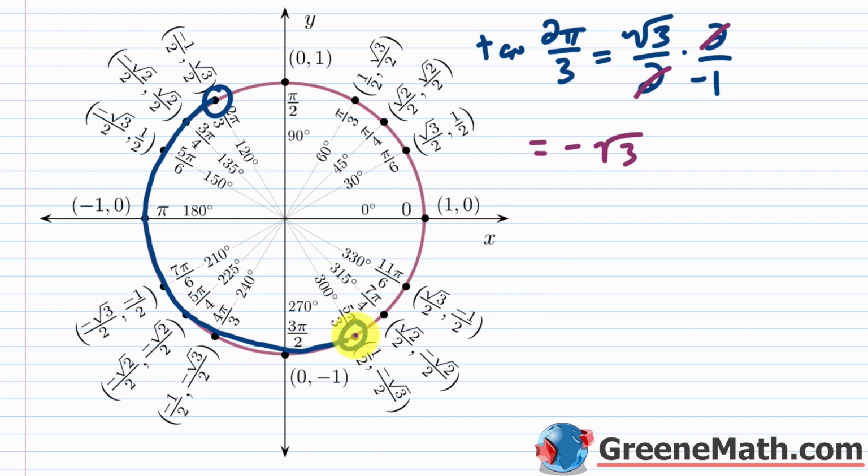Then if I come down here to 5 pi over 3, again, if I look for the tangent of 5 pi over 3, it's going to be the same thing. I'm going to be dividing opposites. Here it was basically a positive sine value divided by a negative cosine value. But here it's going to be a negative sine value divided by a positive cosine value. Well, we know if we have a positive divided by a negative or a negative divided by a positive, I'm going to get a negative.